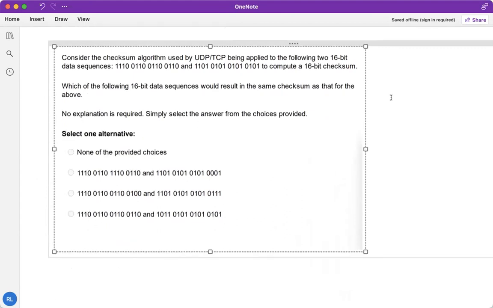Try to calculate. I'll give you 3 to 5 minutes. You can have a look at the slide and then do the calculation.